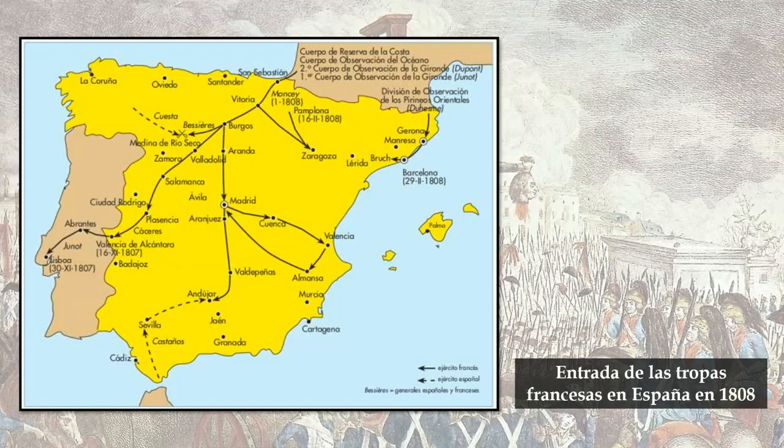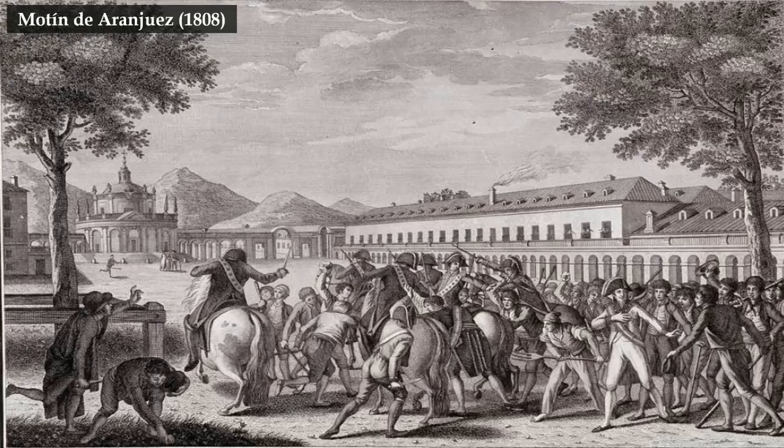But instead of going to Portugal, many of them went to the main cities. So this is somehow a covert invasion. And this led to the Motín de Aranjuez in 1808, where a popular uprising against Manuel Godoy was incited by Fernando VII, and because of this, Carlos IV had to depose Godoy and had to abdicate in favor of his son Fernando, who became Fernando VII.